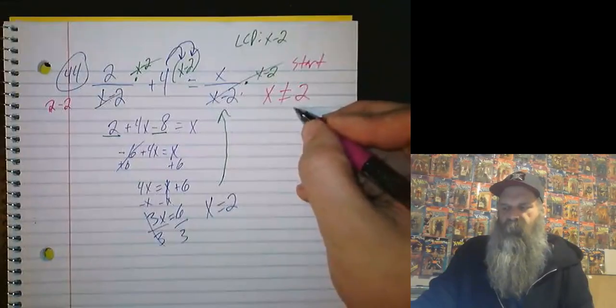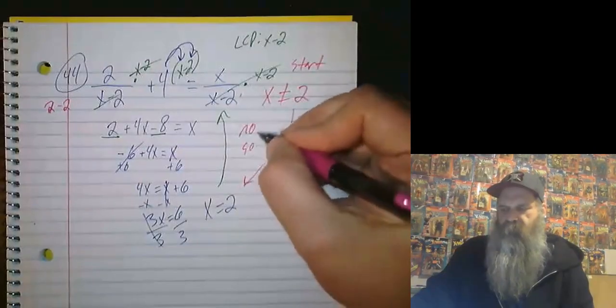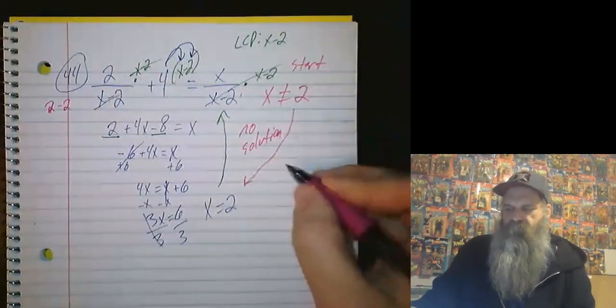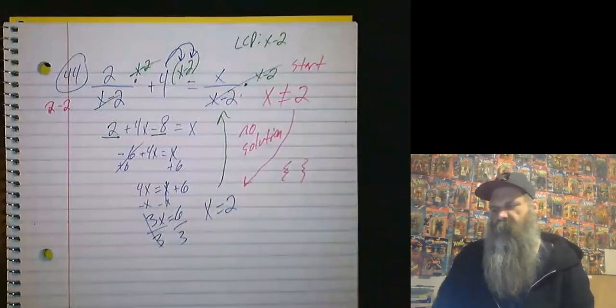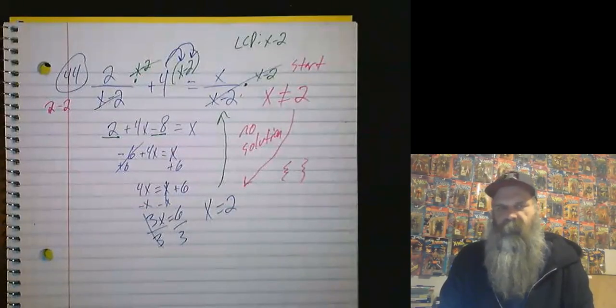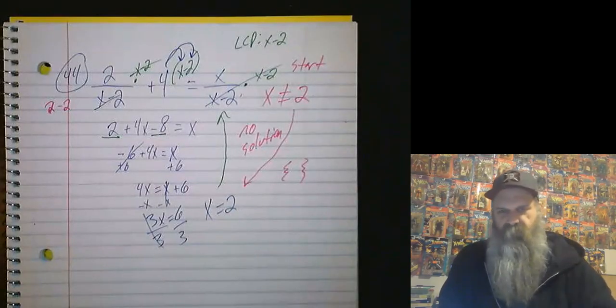And if you get that as the answer, then there is no solution, which could look like an empty set, the braces with nothing inside of it. Or it might say no solution. Can't remember. I don't have the version of the test in front of me.